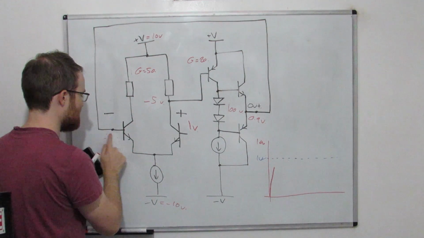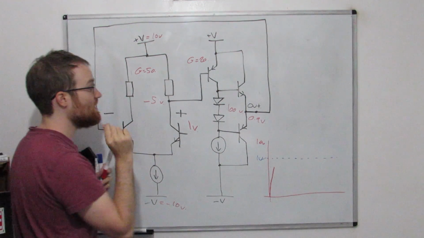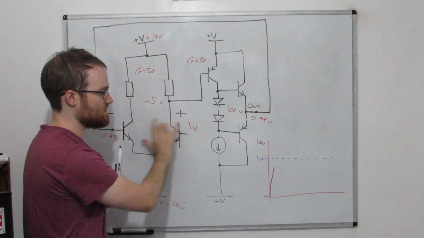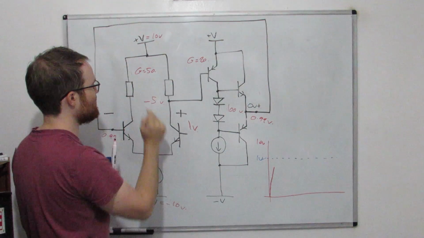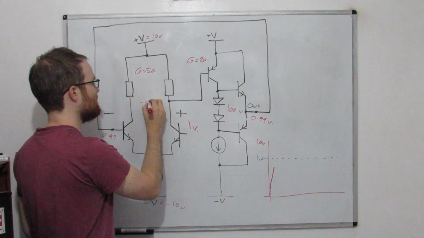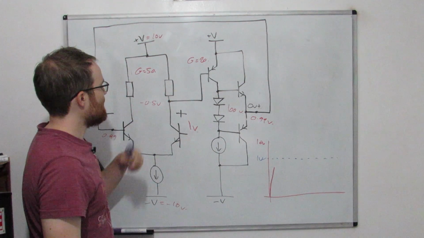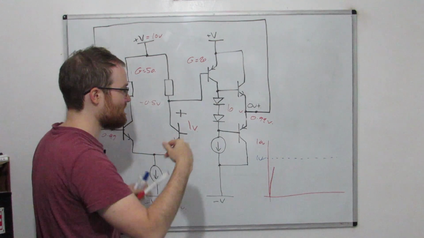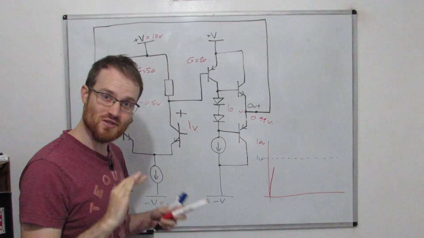Now let's have a look again at when we're at 0.99 volts. There's a 0.01 difference between these two inputs. 0.01 times 50 is minus a half, so this is going to try and go to minus 0.5 volts. And then minus 0.5 volts times 20 is 10. So the rate of change is going to slow down still.